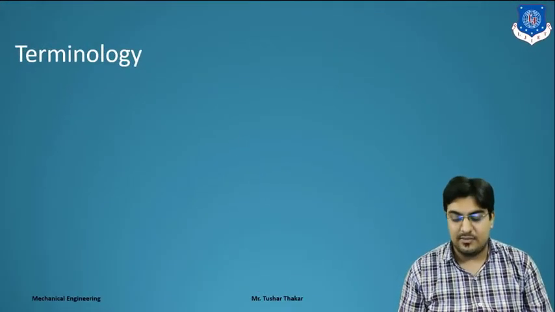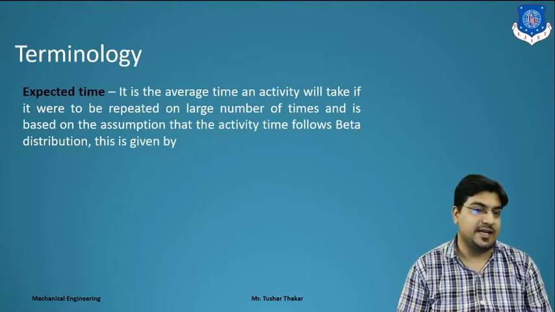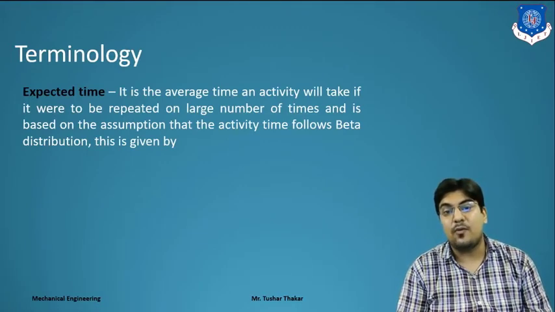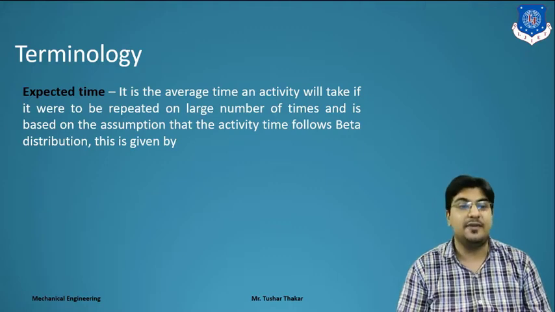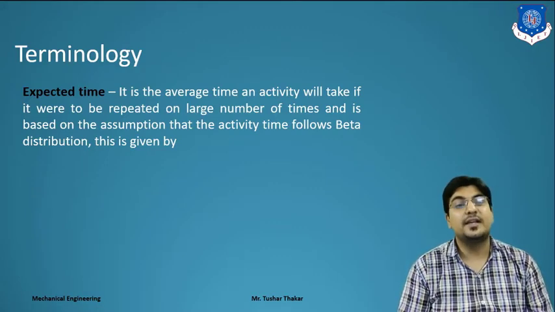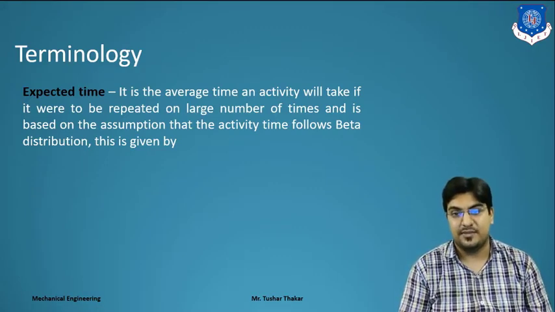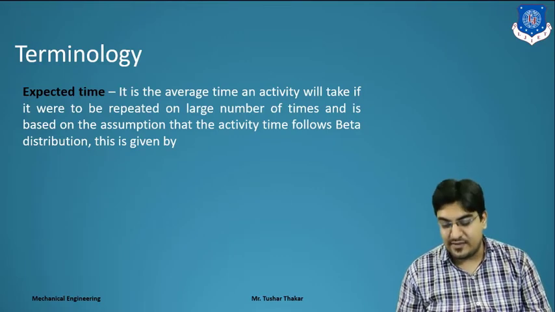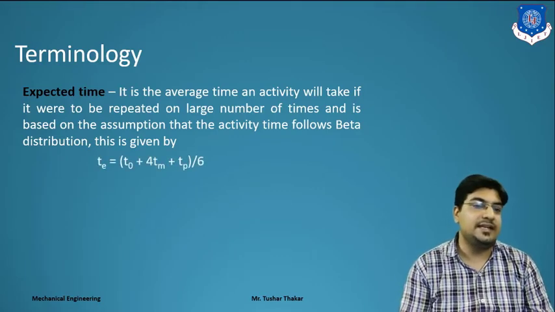Next terminology is the expected time. It is a prediction, the average time an activity will take if it were repeated a large number of times, and it is based on the assumption that activity time follows a beta distribution, and this is given by TE.